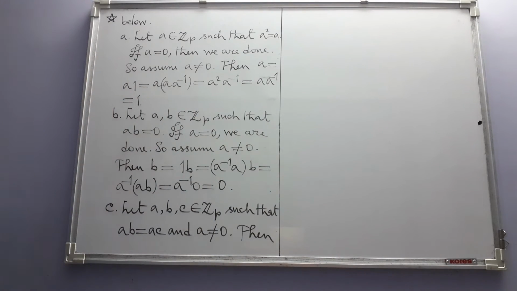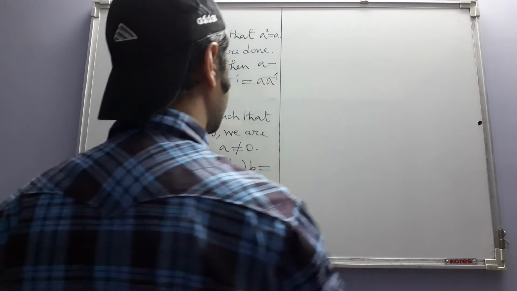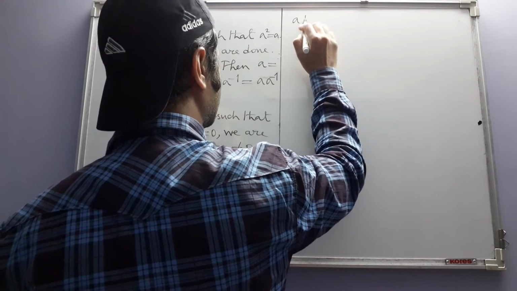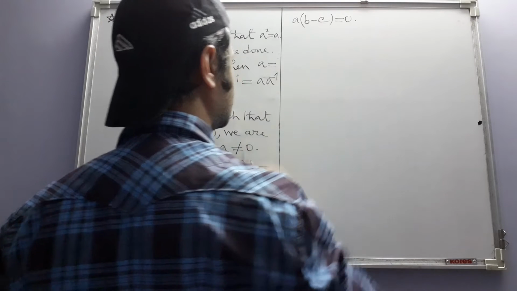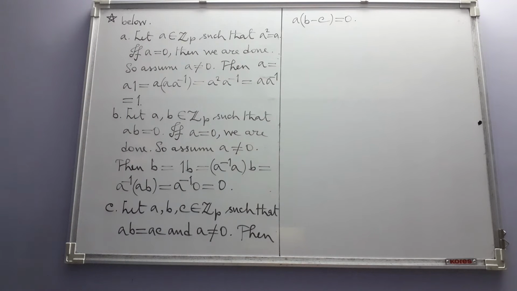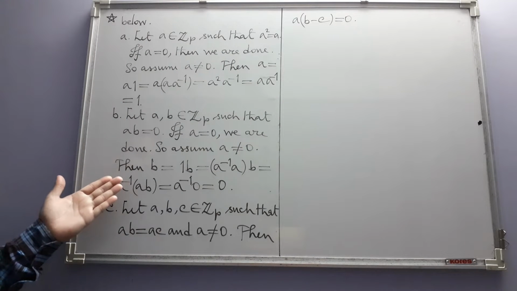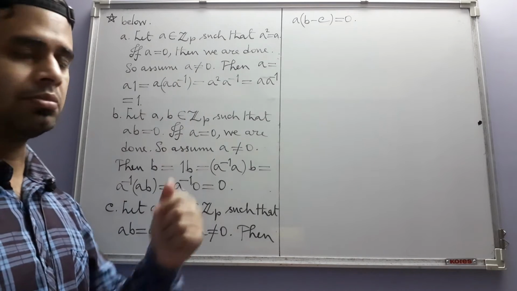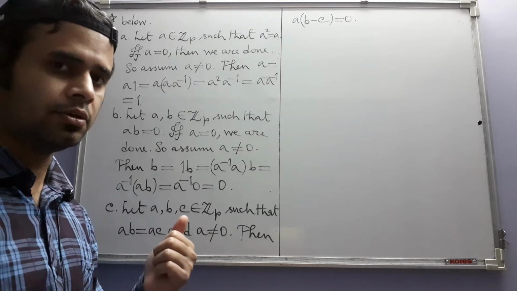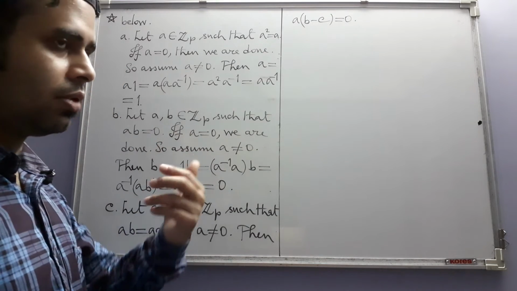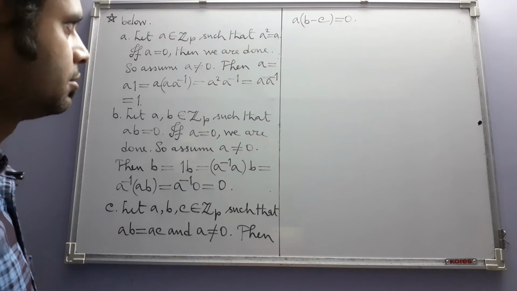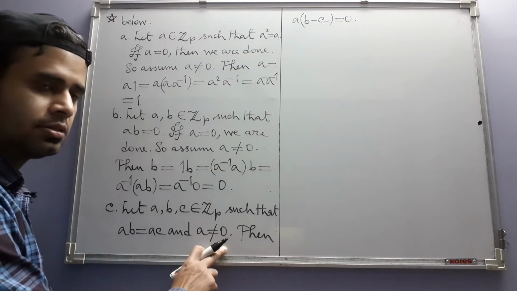Using elementary ring calculations, from this equation we get A times (B minus C) equal to 0. Now in property B, we have already proved that when the product of two ring elements is 0, I mean here in this ring, not in any ring, then one of them must be 0 at least. Now it is given that A is non-zero.